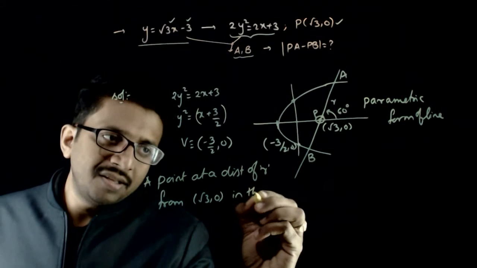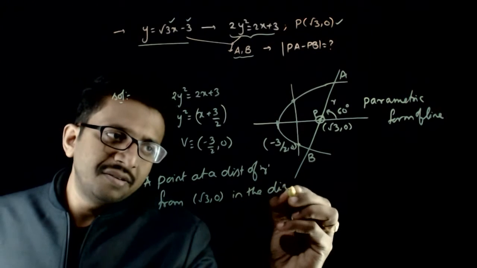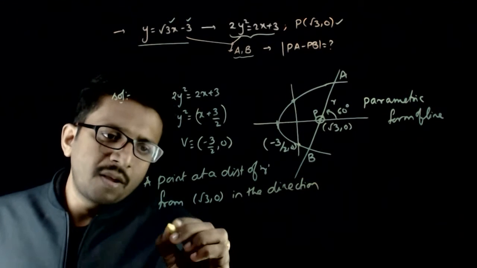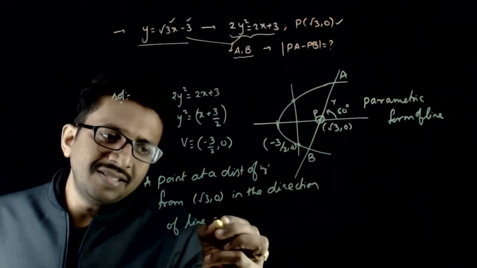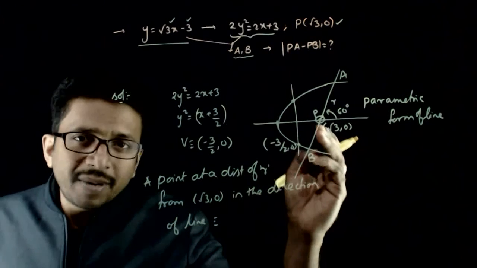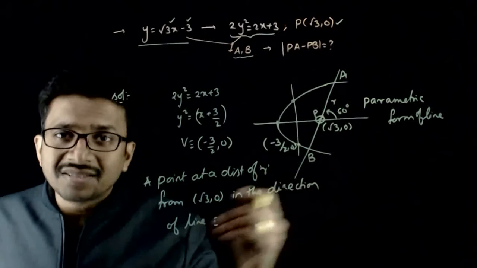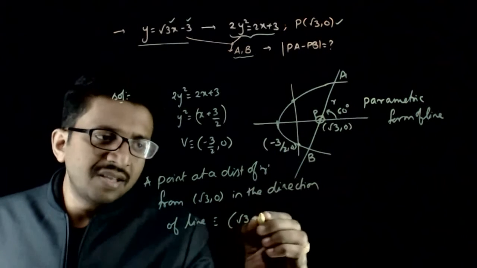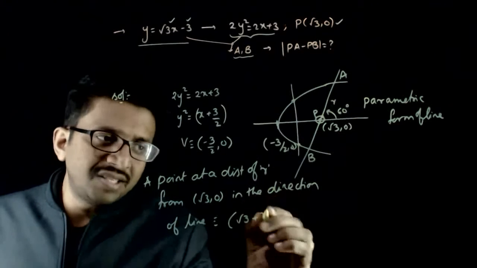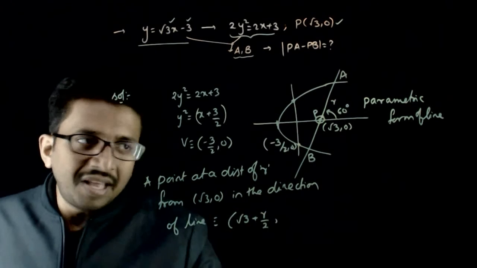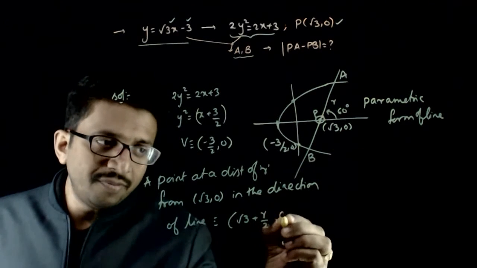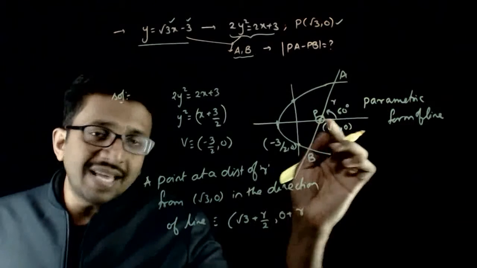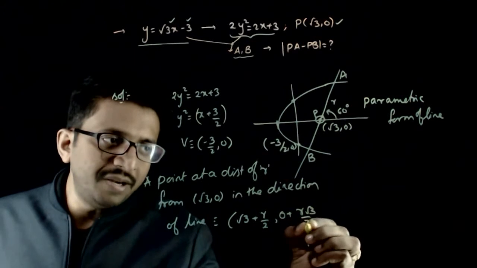It is x1 plus r cos theta, y1 plus r sin theta. That is root 3 plus r cos 60, which is 1 by 2, and 0 plus r into sin 60, which is root 3 by 2.